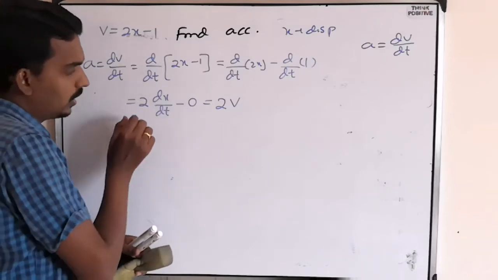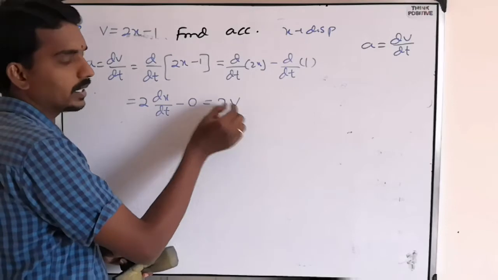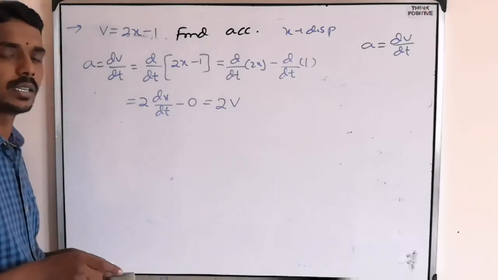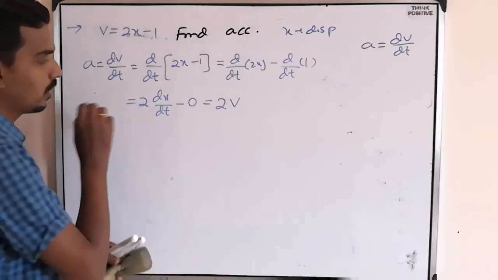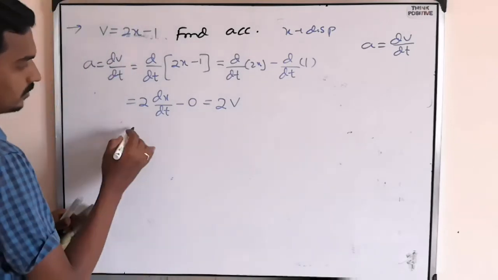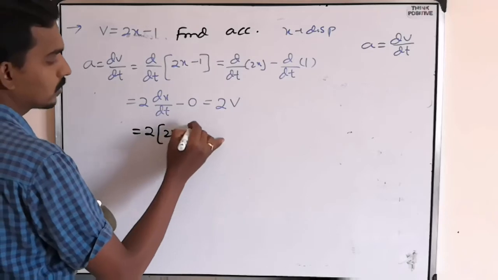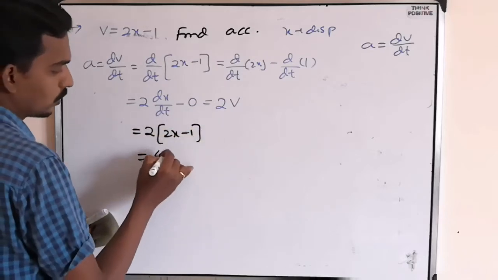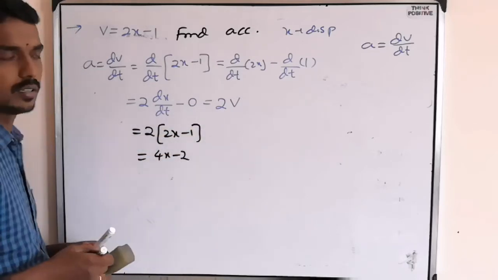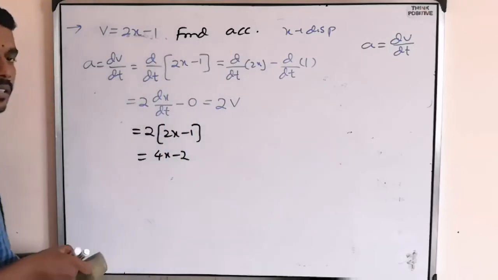So here the acceleration came in terms of velocity, right? Now 2 into v, the value we already know, 2x minus 1, so 2 into 2 is 4x minus 2. So we got the acceleration.